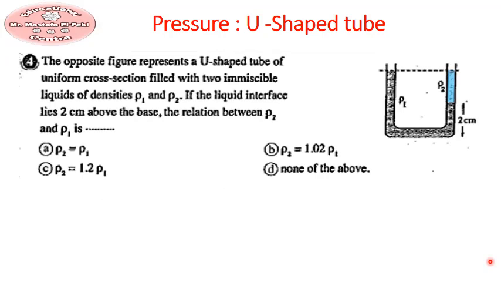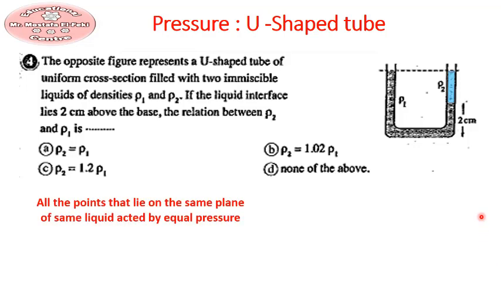The opposite figure represents a U-shaped tube of uniform cross-section area filled with two immiscible liquids of density rho 1 and rho 2. If the liquid interface lies 2 cm above the base, then what is the relation between rho 1 and rho 2? At first, all the points that lie on the same horizontal plane of the same liquid are acted on by equal pressure.